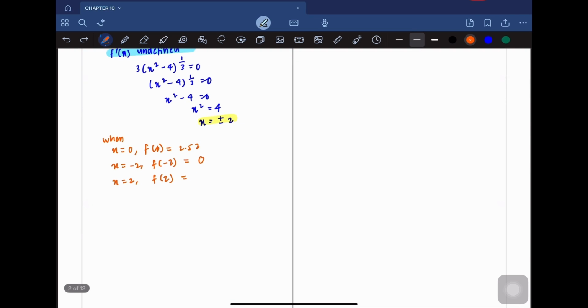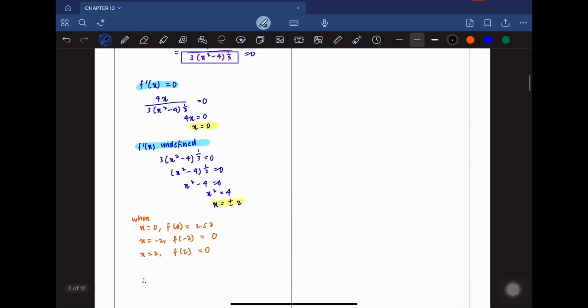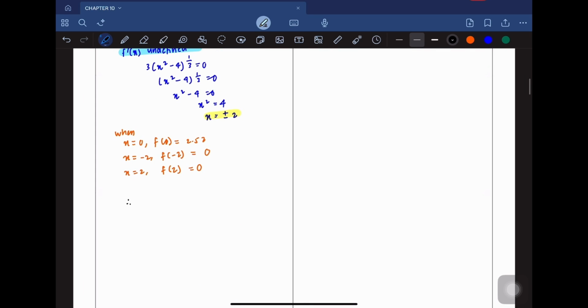Now we can make the conclusion to answer the question. The first part asks for the critical numbers, so just write: critical numbers are 0, -2, and 2. And then the second part of the question, critical points. We have 3 critical points. The first one is 0, 2.52.